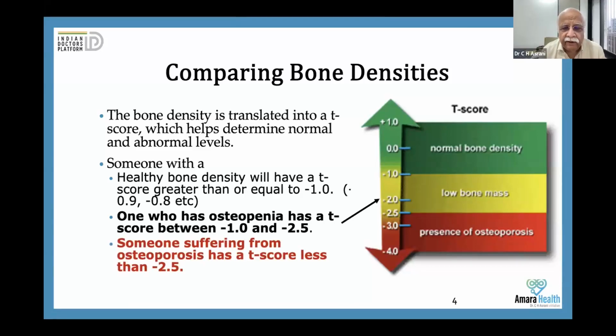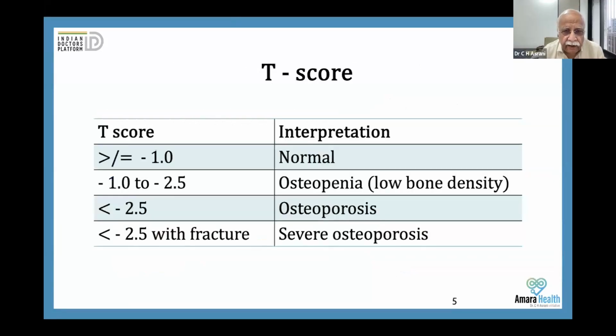Osteoporosis will have -2.5 and below. Again, equal to or above -1.0 is normal, osteopenia -1 to -2.5, osteoporosis below -2.5. And if the patient suffers a pathological fracture, below -2.5 with fracture is severe osteoporosis.